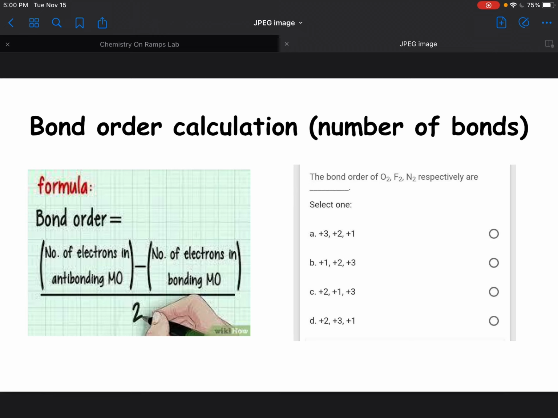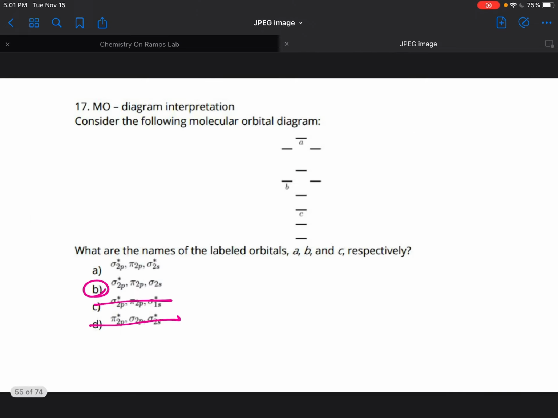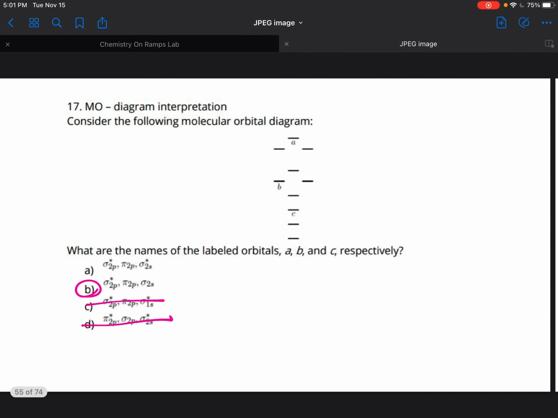Okay, so now with these structures, you're going to be able to calculate what we call the bond order, which is the number of bonds between the atoms of a molecule, by using what we just did in the molecular orbital diagram interpretation.